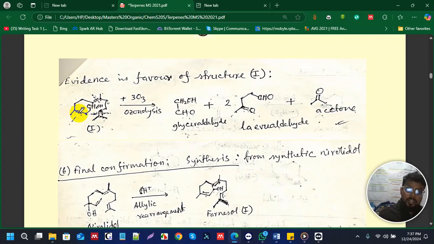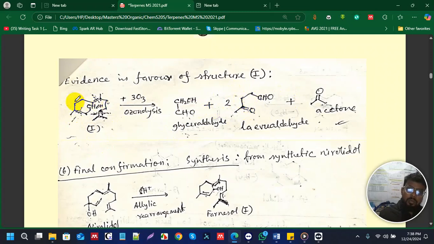Here, this one carbon is the ketonic form.